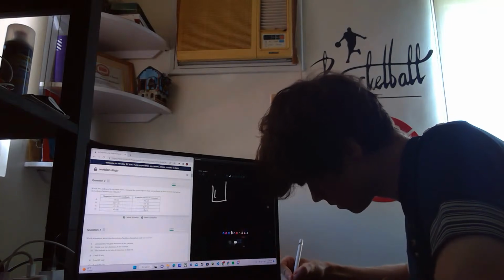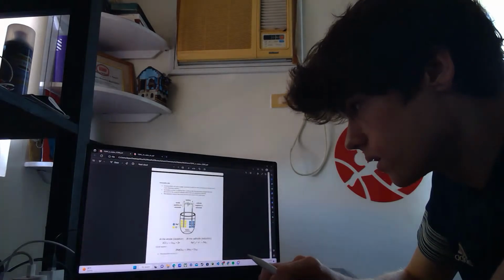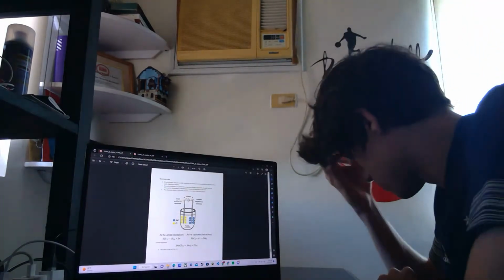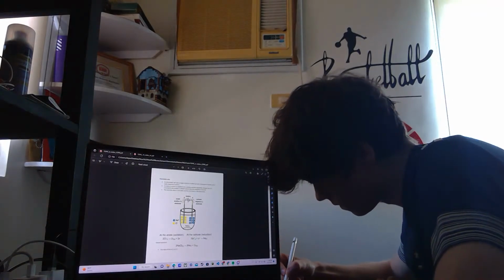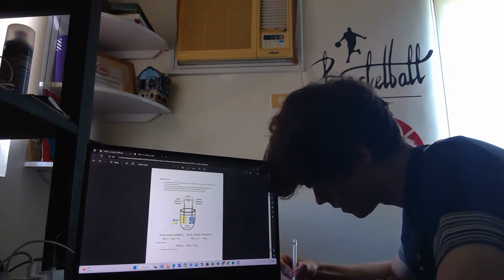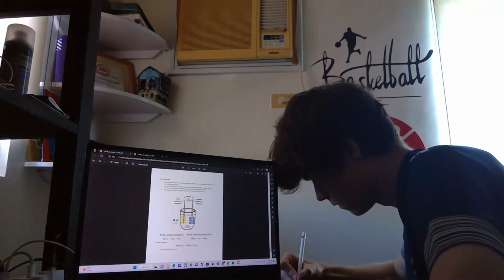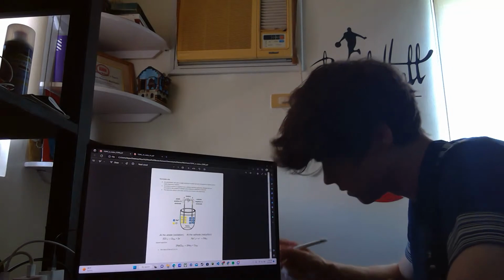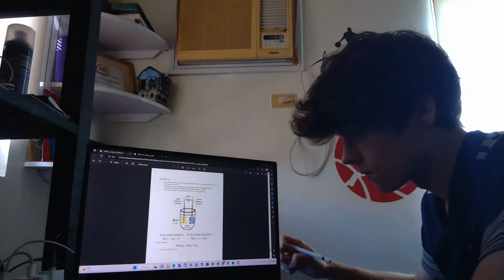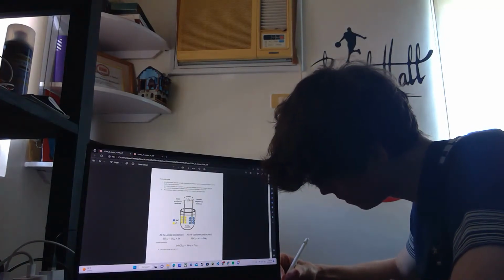Okay, let's make a tiny diagram. So electrolysis, let's refer back to the electrolysis diagram back here. Okay. So I'm going to have it like this, go up, down. It's going to be our cathode. It's going to be our anode. Okay. So the flow of electrons is going to go up here.